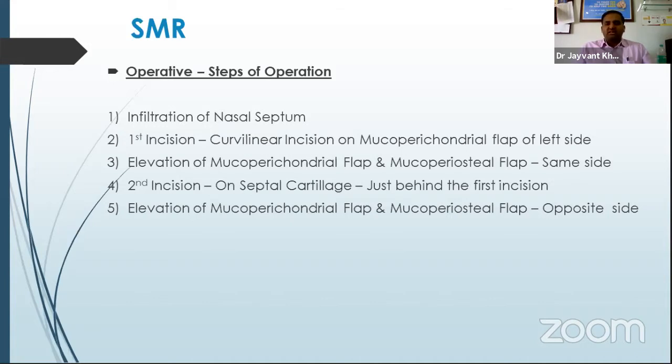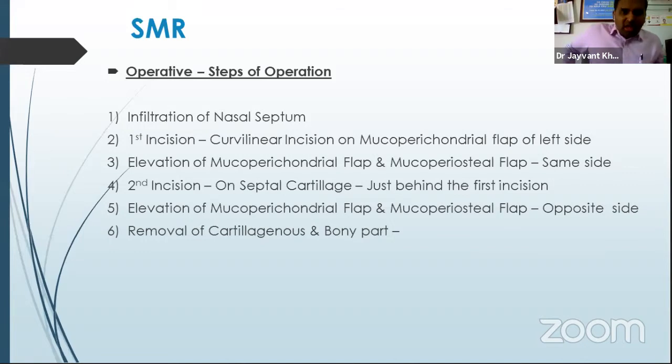Then opposite side elevation of mucoperichondrial flap and mucoperiosteal flap. Then removal of cartilaginous and bony part. After elevation of both sides of mucoperichondrial flap and mucoperiosteal flap, we have to insert Killian's forceps or long-bladed nasal speculum on both sides of the nasal septum, into the cavity between the two flaps.